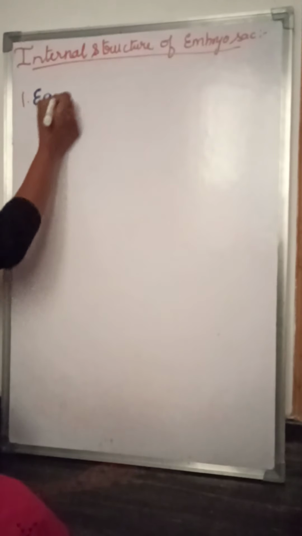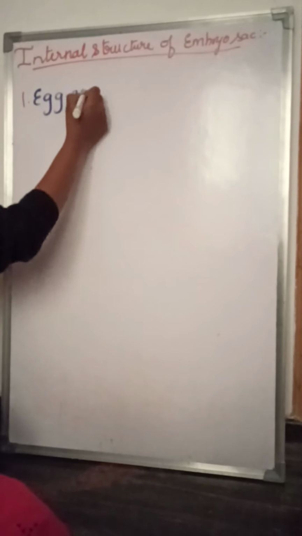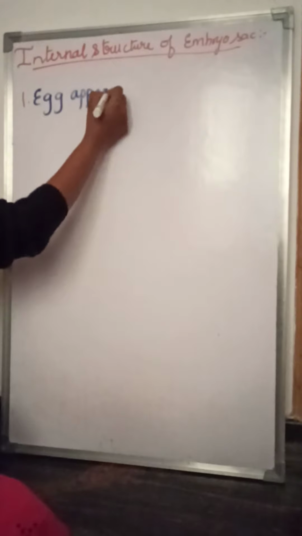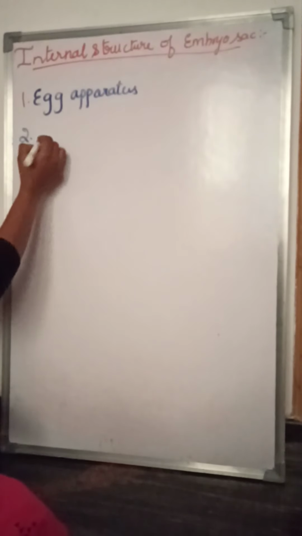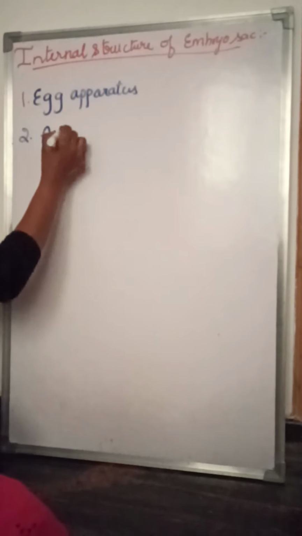We have an arrangement called, first one, the egg apparatus. Second is the antipodals.